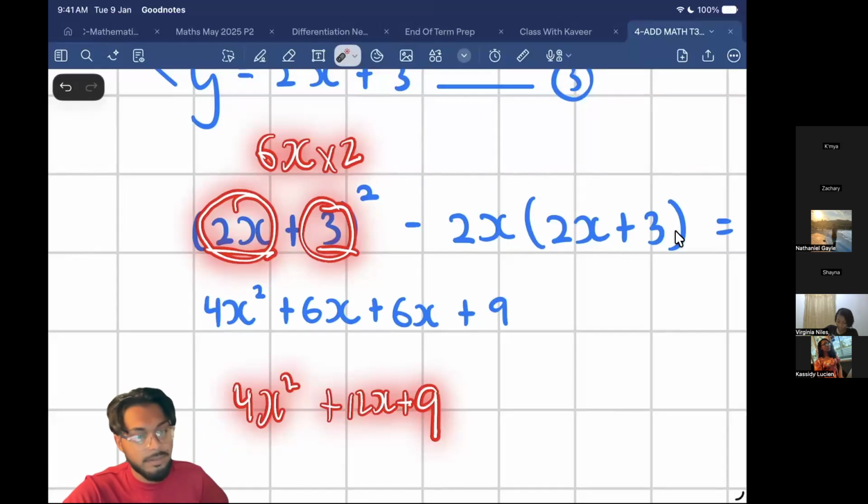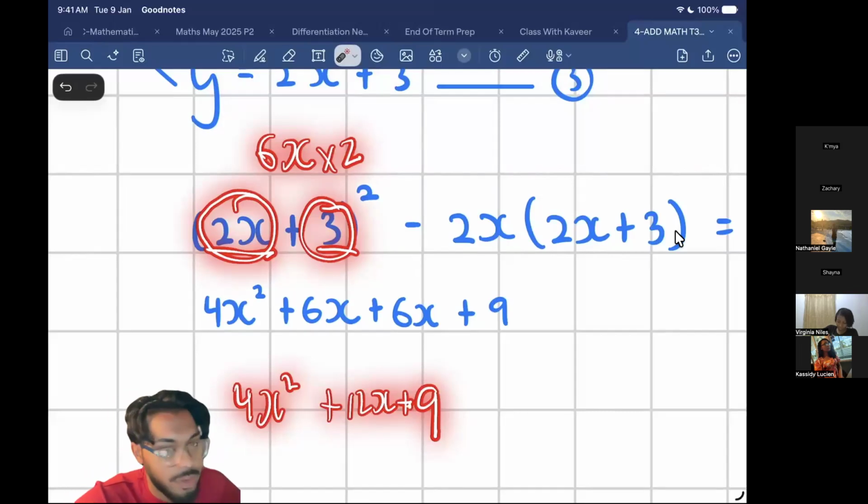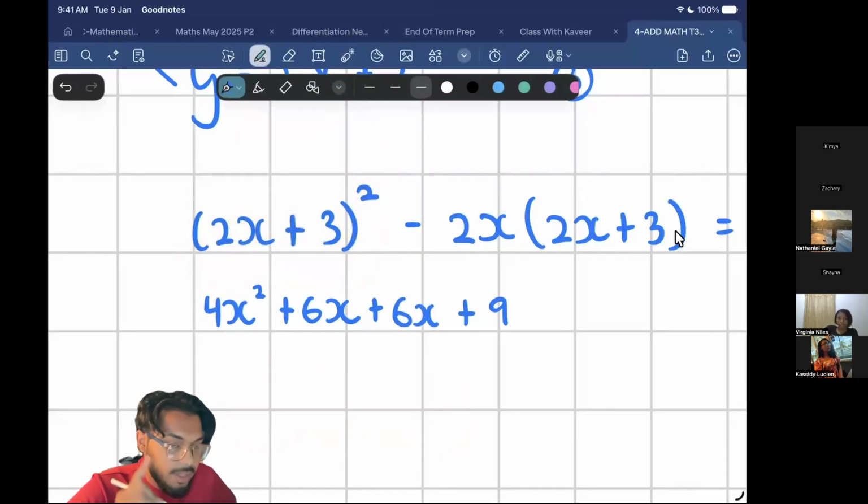Sometimes you end up with the two middle terms cancelling off, and the only time that happens is when it's a difference of two squares.